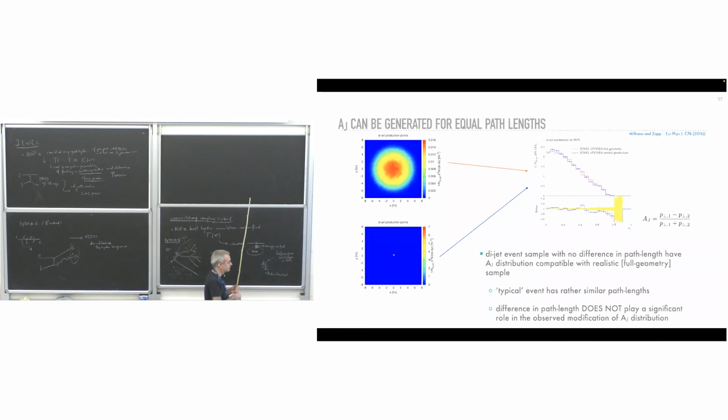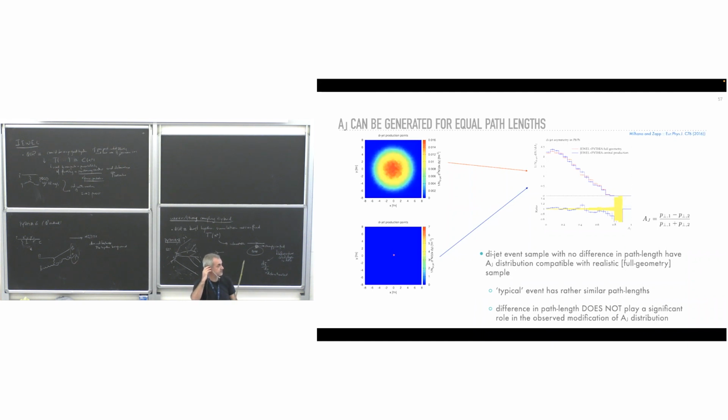There are two effects here. One is that the typical events, things that are produced mostly around these annuli, have path differences that are not that big, because the one that travels more in distance will start seeing more diluted QGP because it's expanding. That's one effect.